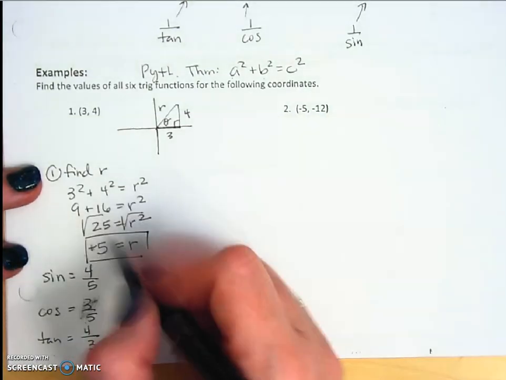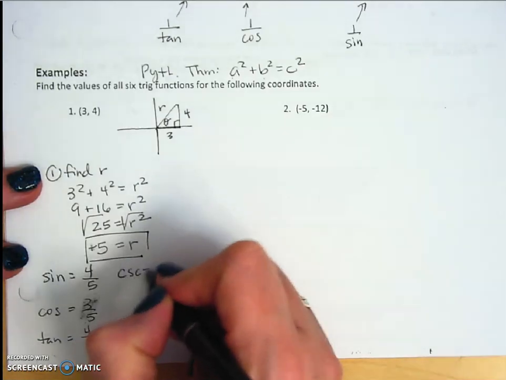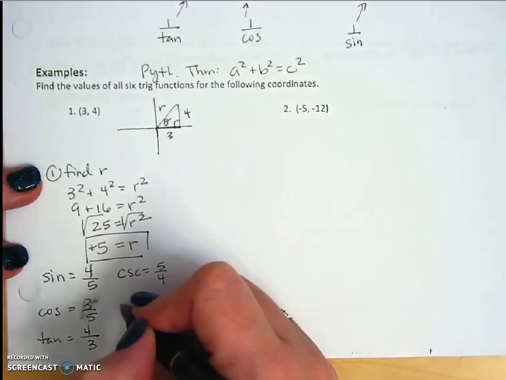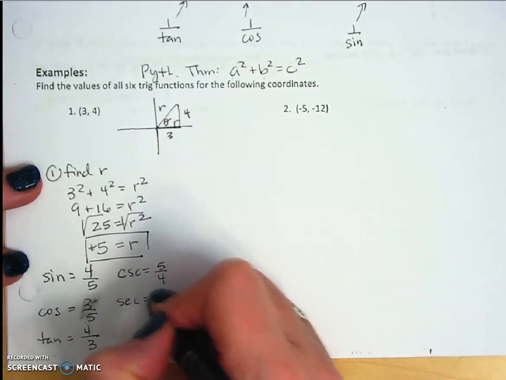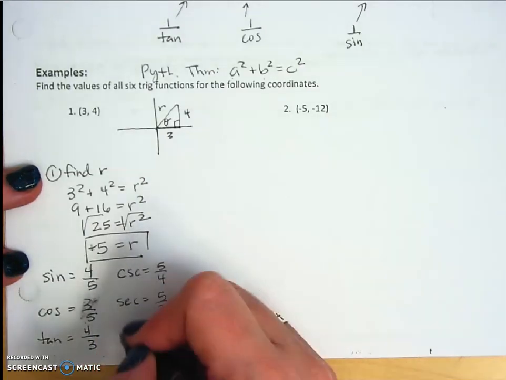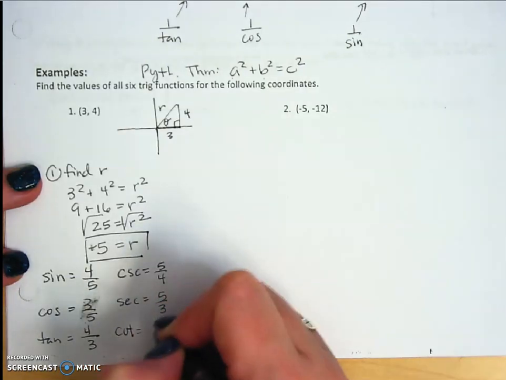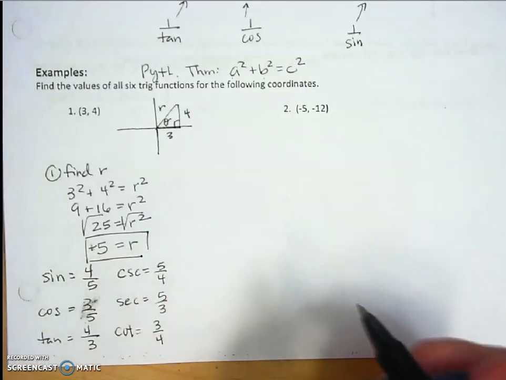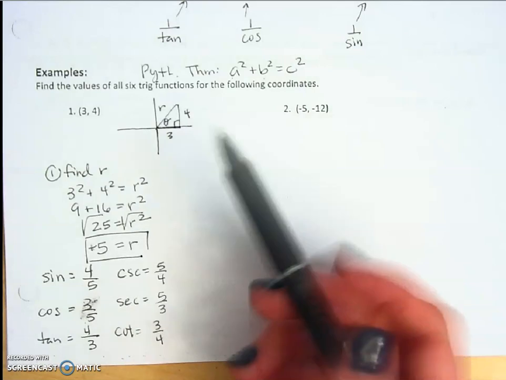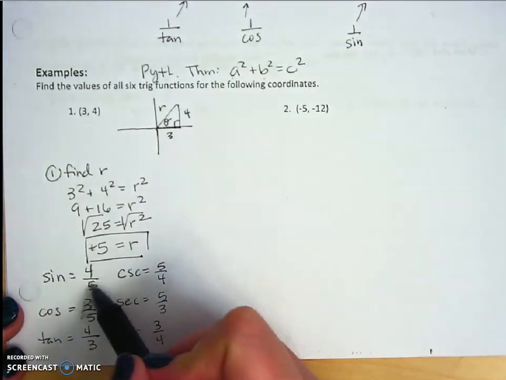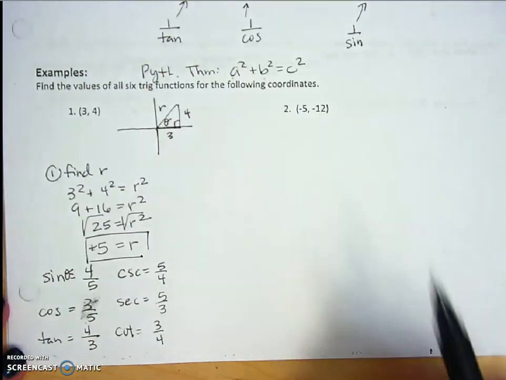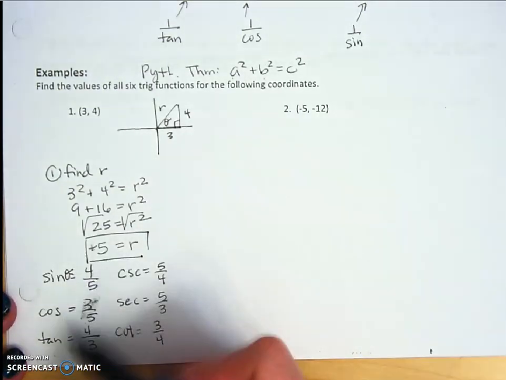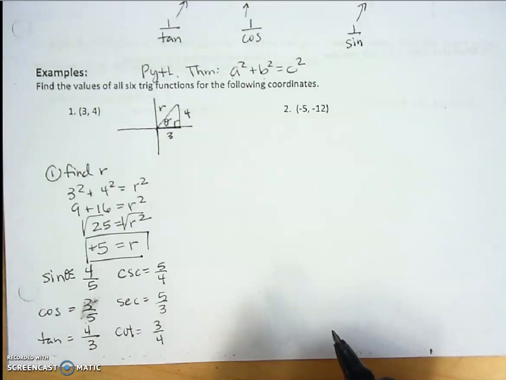So reciprocal of sine is cosecant, which is 5/4. Cosine reciprocal is secant, 5/3, and then cotangent is 3/4. And just to be clear, I am saving, technically it's not that sine equals 4/5, it's that sine of theta equals 4/5. I'm just saving some time by not writing that every time.